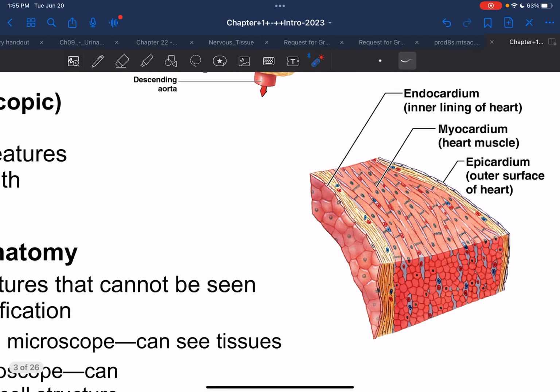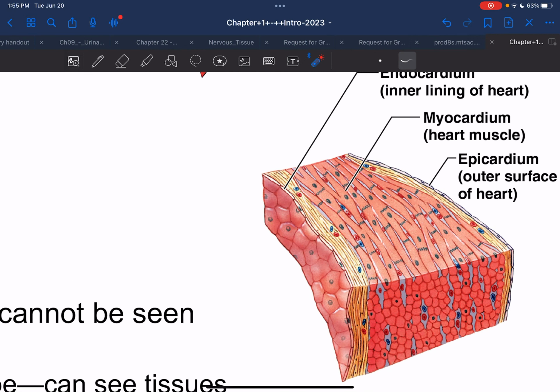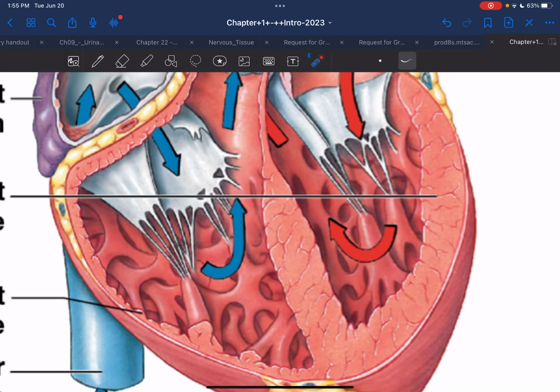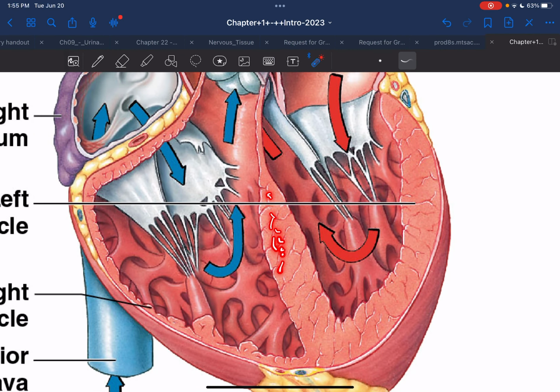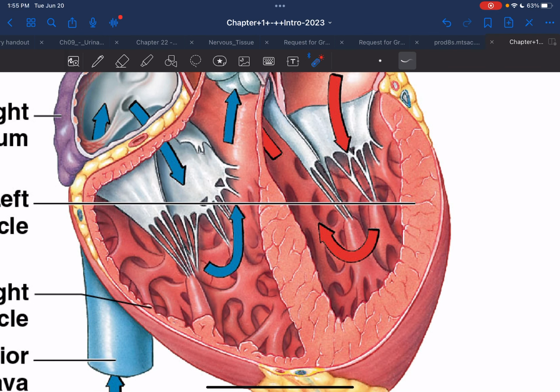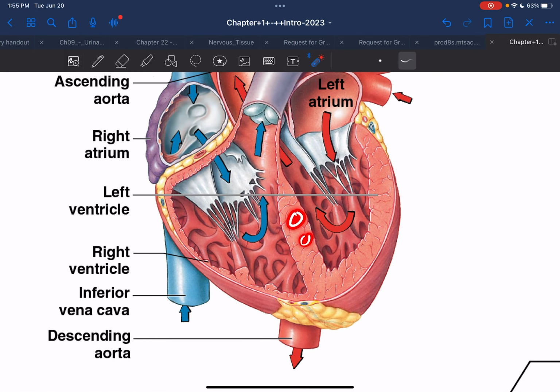When we say microscopic anatomy, we are referring to what makes up the actual heart itself. For example, this segment here is all heart muscle cells, cells that are responsible for the pumping of blood inside of your heart. Microscopic anatomy is about zooming in on these segments and seeing what it is.